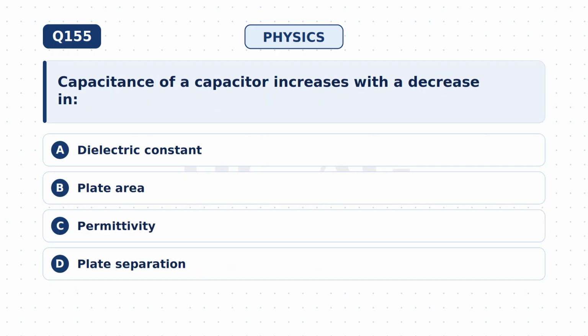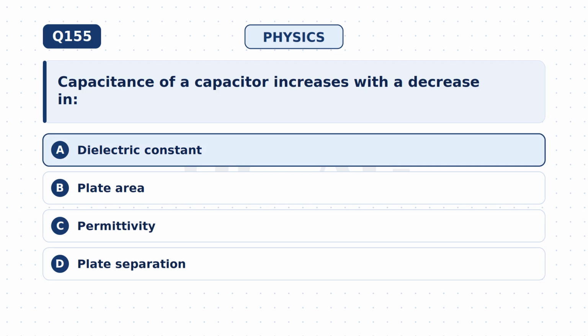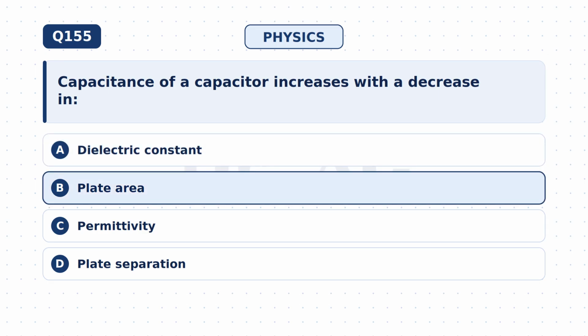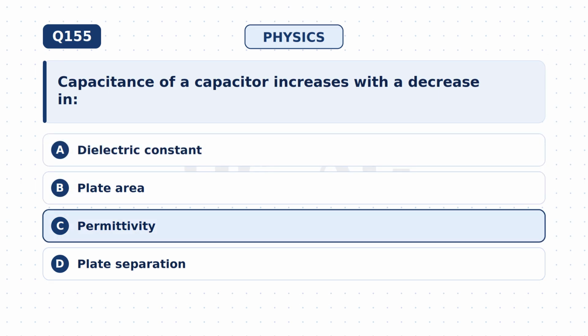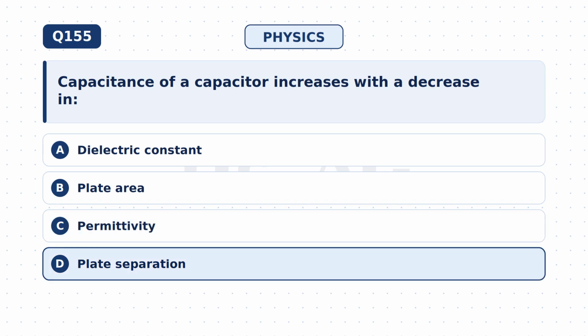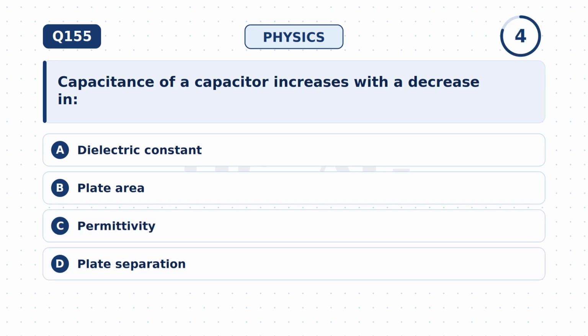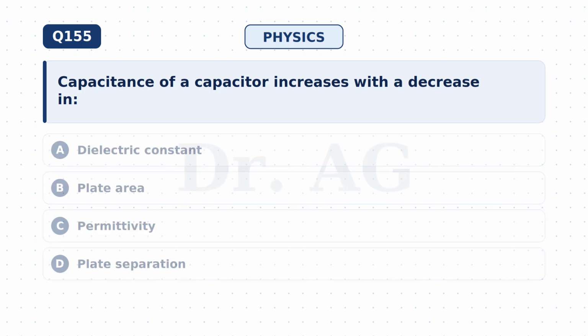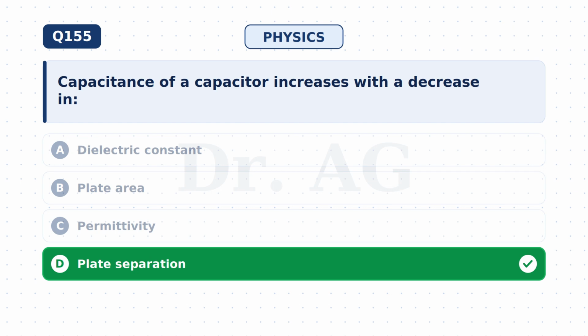Question 155. Capacitance of a capacitor increases with a decrease in. Option A, dielectric constant. Option B, plate area. Option C, permittivity. Option D, plate separation. The correct answer is D, plate separation.